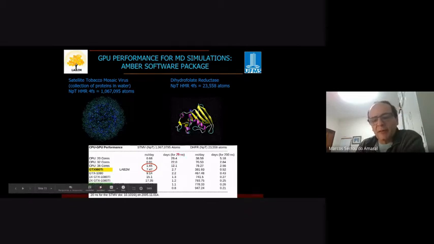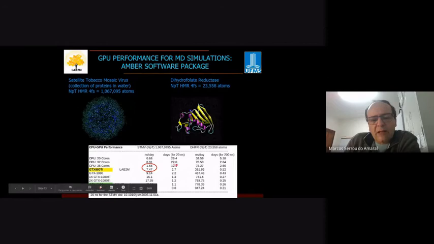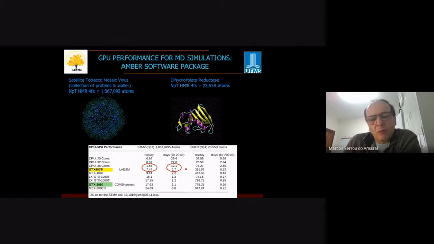Suppose that our simulation is for 20 nanoseconds. In CPUs with 36 cores, I will need to wait 12 days, and in GPU you need to wait less than 3 days. So this is really good. For our new GPU card, the performance is much better.